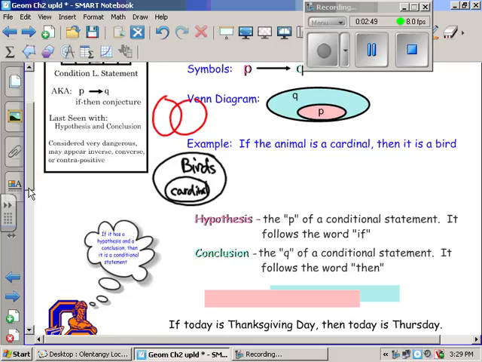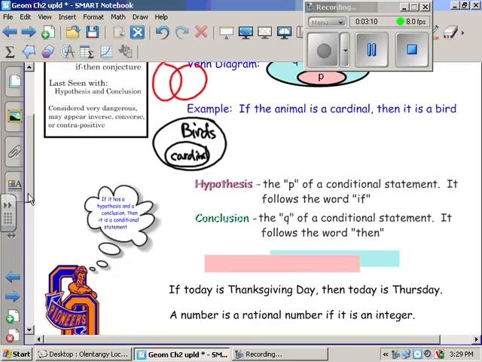Is it a cardinal? If it's a cardinal, then. So that part is the hypothesis, the P, the part that comes after the word if. And the conclusion is after the then, the group it belongs to, what you can do once you judge your hypothesis. So it's Q, and it comes after the word then.